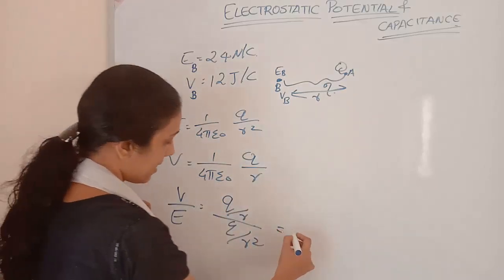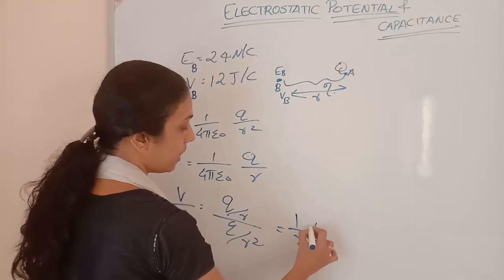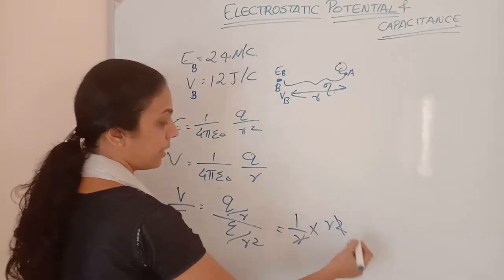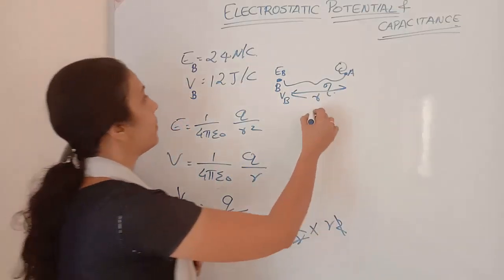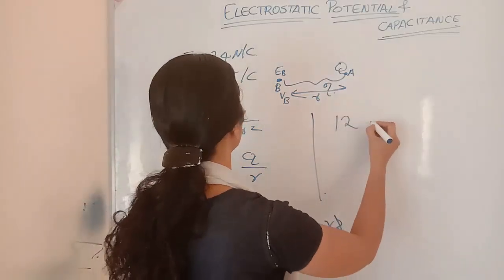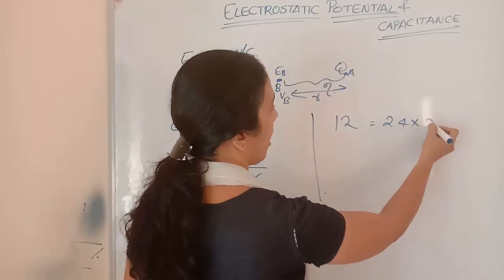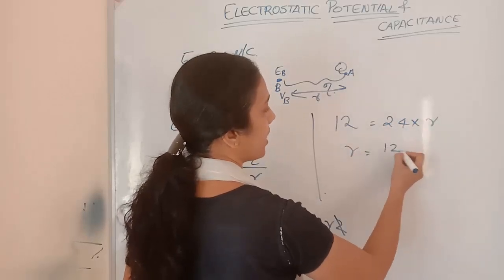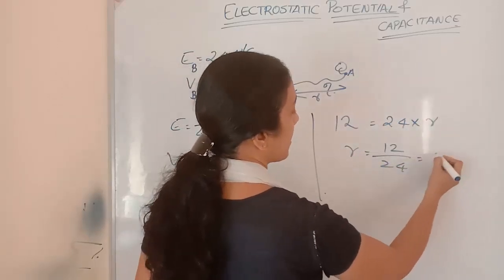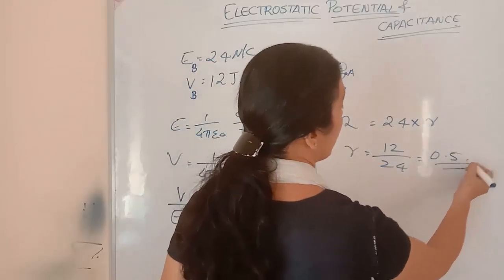So we will get 1 by R, take the reciprocal and multiply, which will be equal to R. So V by E equals R, that is 12 Joule per Coulomb divided by E, 24. Therefore, R will be 12 by 24, that is equal to 0.5 meter.